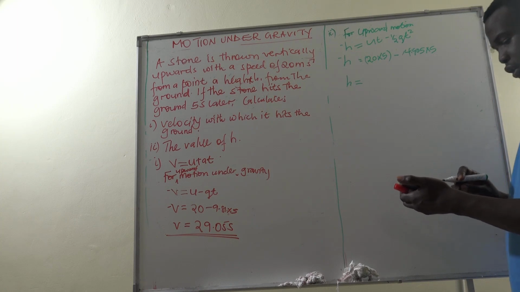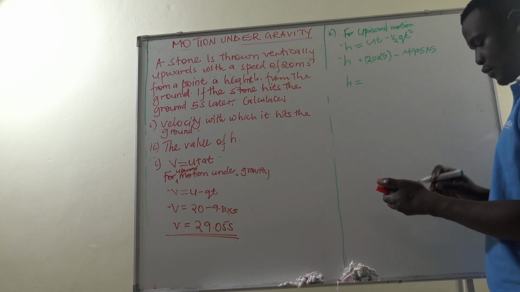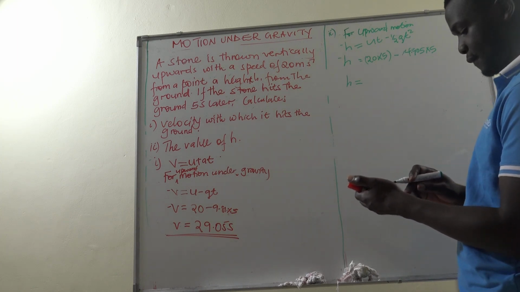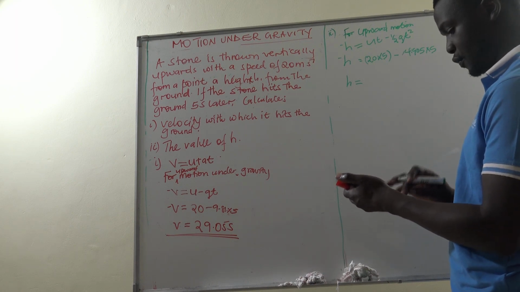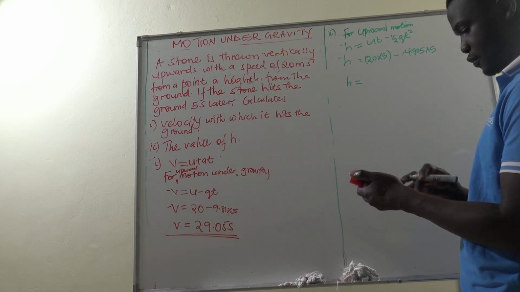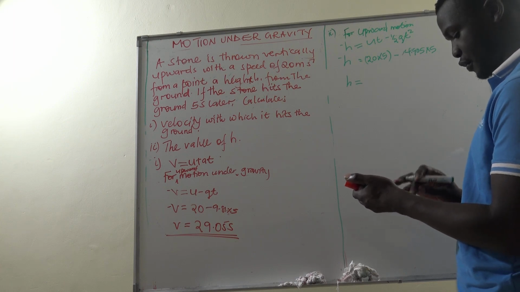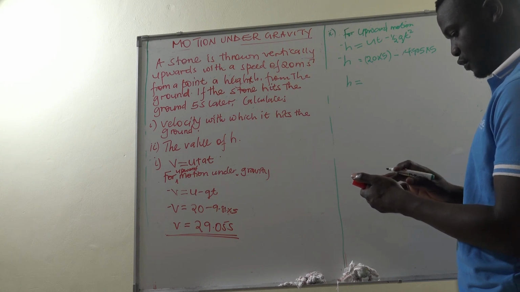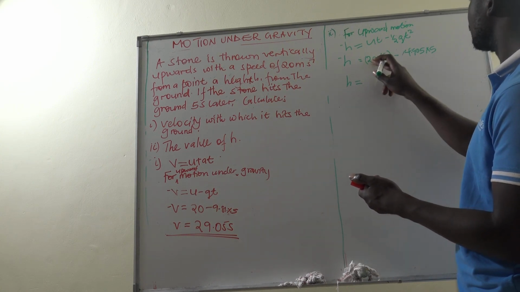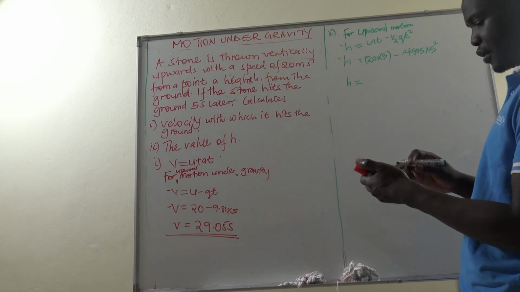Computing the value of h, this is 100 minus 4.905 times 5 squared. 5 times 20 gives 100, and 5 is squared.